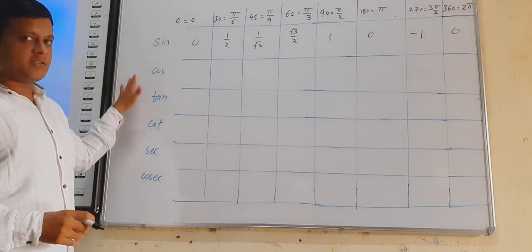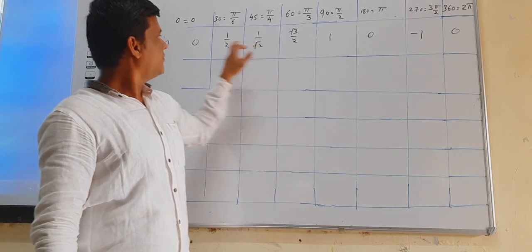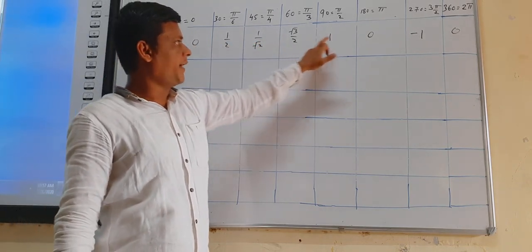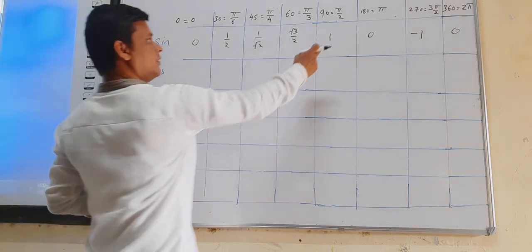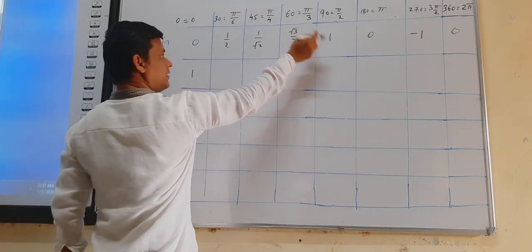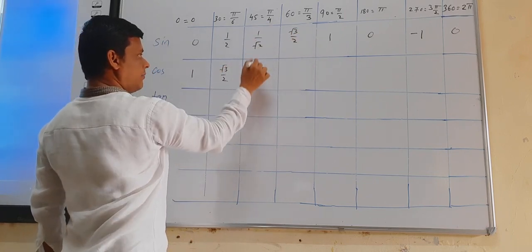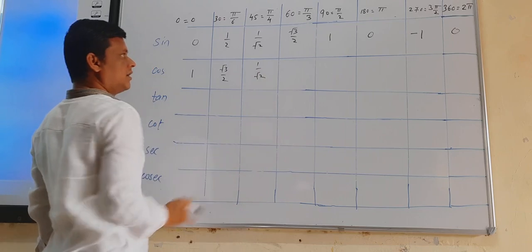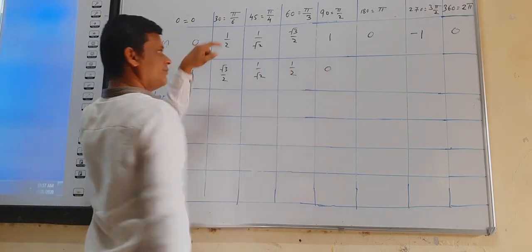Now the remainings you can write these 1, 2, 3, 4, 5 in reverse order. So write 1 at first place, write this root 3 by 2 at second place, 1 by root 2 in third place as it is, 1 by 2 and 0.